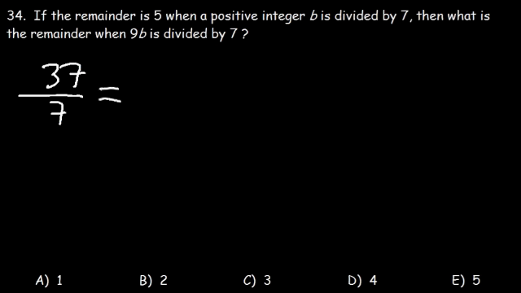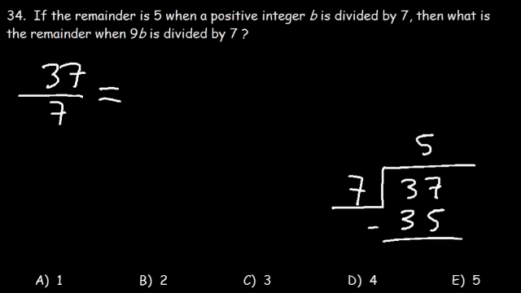If we were to use long division, we can see that 7 goes into 37 5 times. And we can see that 2 is a remainder. So in fraction form, we know that 7 goes into 37 5 times, and the remainder is 2. And since we couldn't divide it by 7, we leave it as 2 over 7.